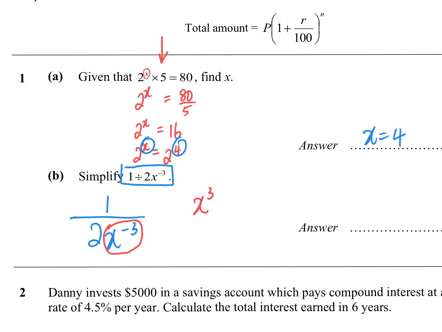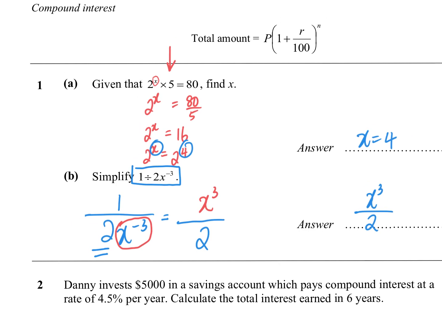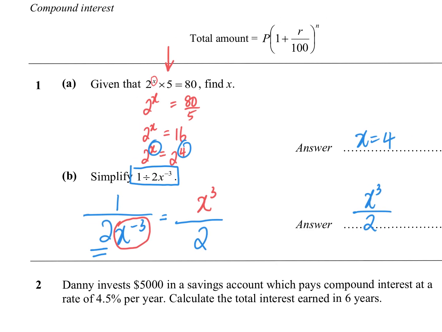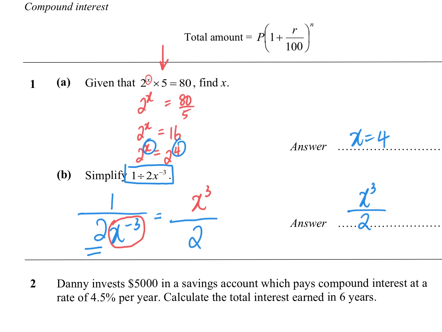The rest all stay where they are. So don't go and touch the 2. 2 doesn't have a negative power. So 2 stays where they are. And then you just have x to the power of 3, 2. Okay, but if you write your answer like that, it's also correct because question never say you must change it to positive index. So this is also okay.